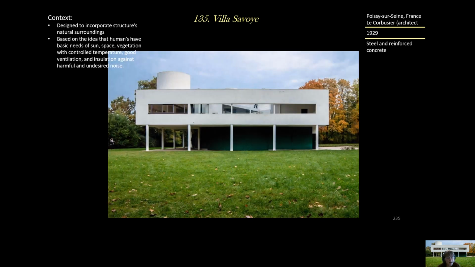In this design, Corbusier in particular was wanting to get humans close to nature, so he minimized the importance of this bottom level and focused more on the second and third level, which gets the humans up above, off the ground, and more into, you can see the visual here, all the trees around this lot.